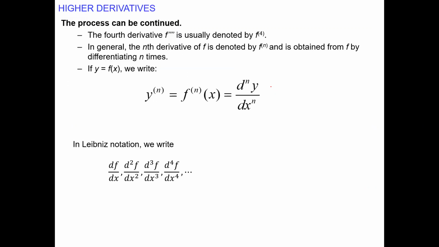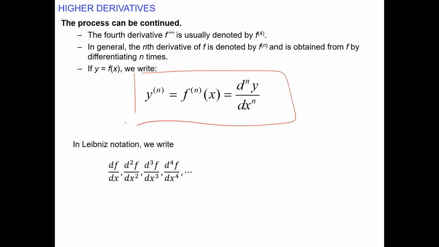Some of the functions are infinitely many times differentiable. We can take the derivative over and over and over again, and we will never reach zero. For some of the functions, we have to stop at some point, because at some point the derivative will be zero. But this means that we can have the nth derivative, and that's the notation.